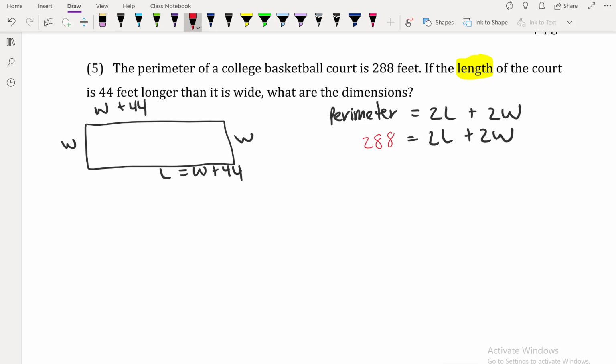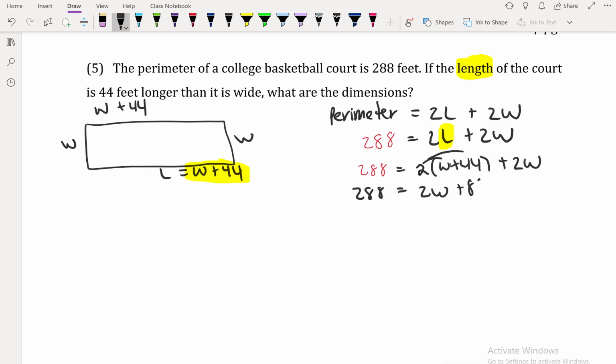So now I have my equation. I have 288 equal to 2L plus 2W. And remember, this L here is rewritten as W plus 44, and I still have my plus 2W. So after I distribute, I get 2W plus 88 plus 2W.